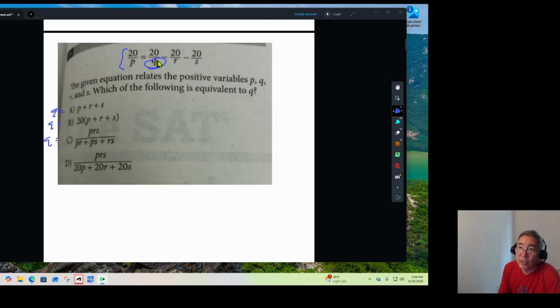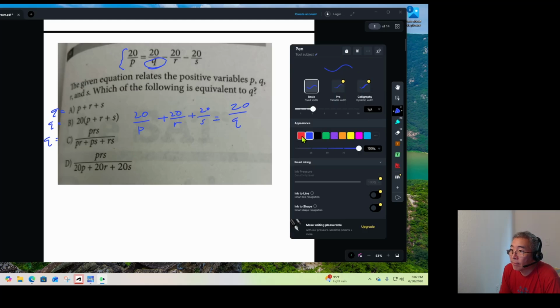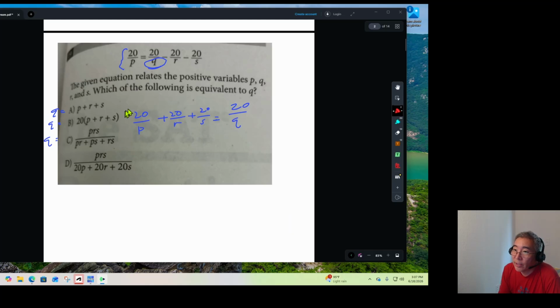Probably the easiest way to do this is first put the expression with q on one side and everything else on the other side. So let's leave 20 over q on the right side, and then we'll move everything else to the left side. So 20 over r, we're going to add it to both sides. 20 over s, we're going to add it to both sides. And maybe you might say, hey, I can get rid of this 20.